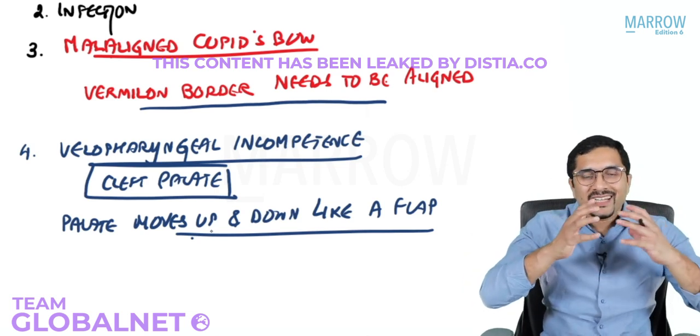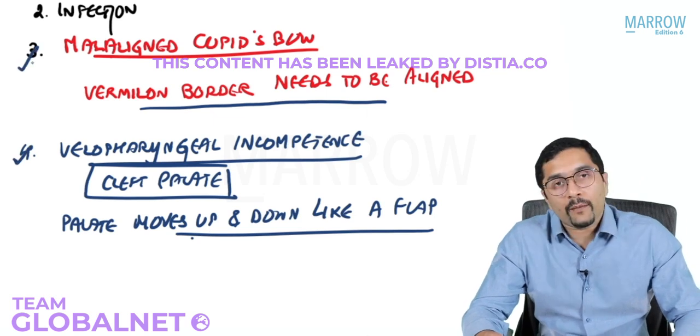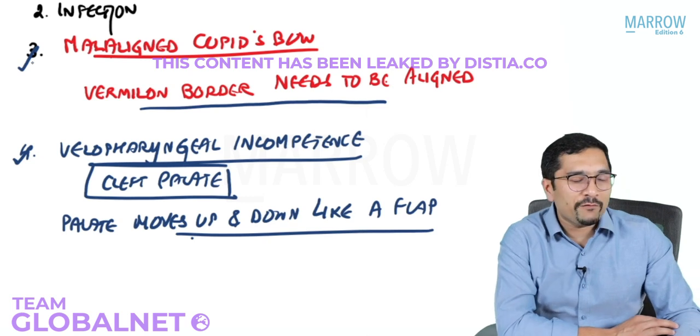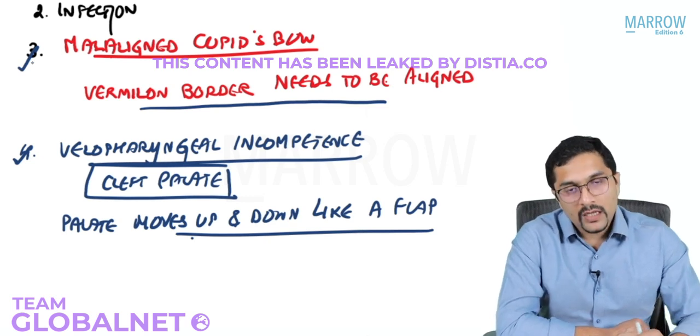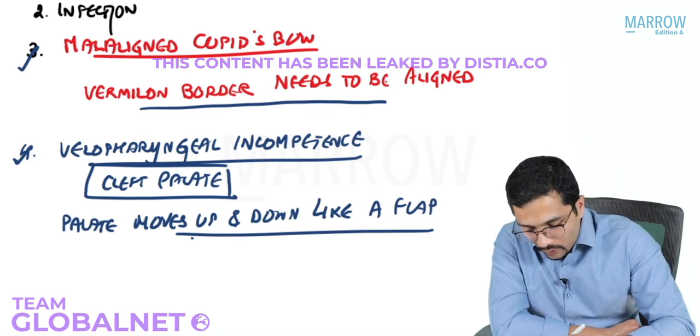When we speak, the voice will not be clear. That is velopharyngeal incompetence. So these are the complications regarding cleft lip and cleft palate surgery which you should know about. The most important thing, of course, is the timing of the surgery, which I've already told you.